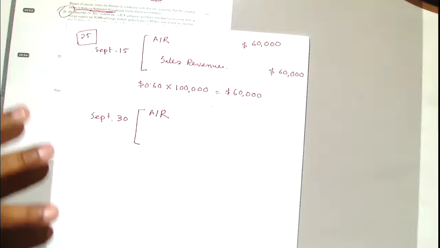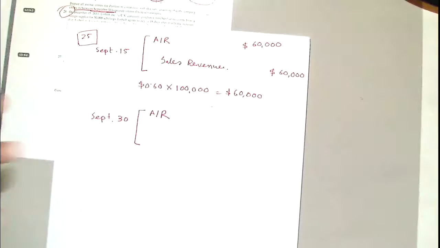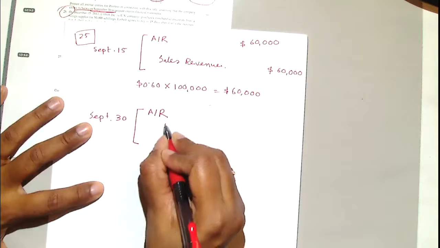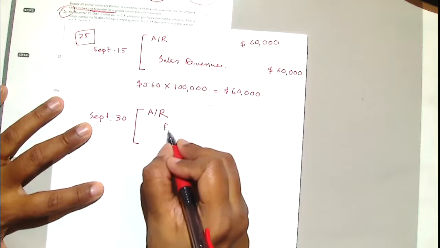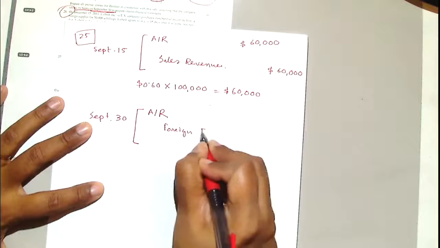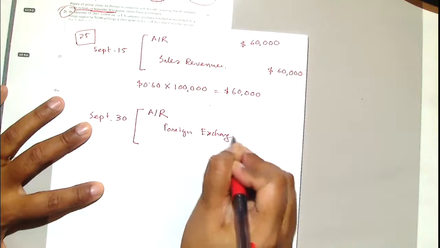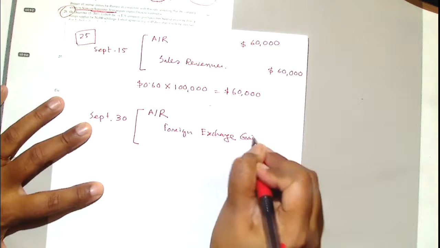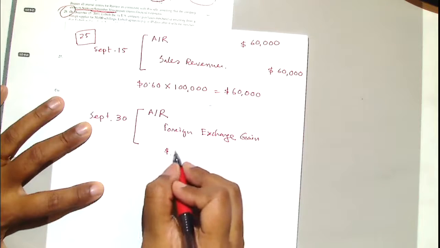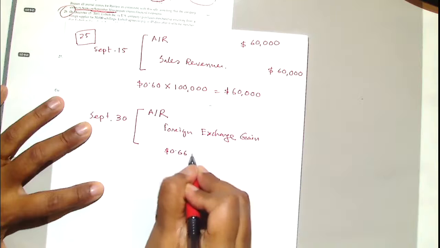At the same time, Ashley helped me that we made a gain. You are receiving more in terms of dollar, right? So we will record gain. Gain is always credit. Remember, we always credit gain and we always debit loss. So you can write it down, foreign exchange gain. And someone will tell me the number. The difference is 6 cents per crown, right?